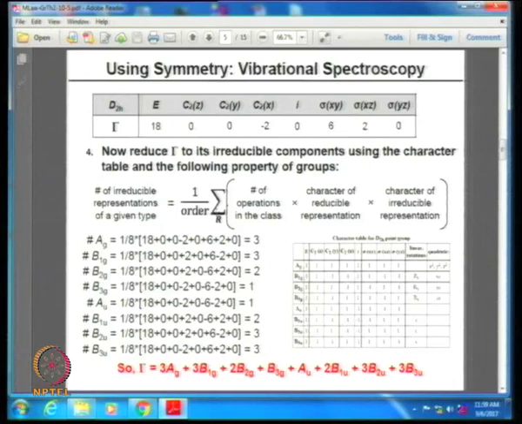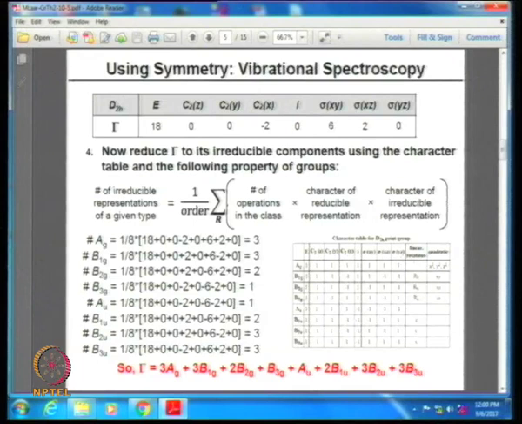You remember this formula. So now it begins to look very busy and complicated, but it is not really, except that he has filled out here the entire character table, which we don't have time to derive right now. Let us see all the classes in it.